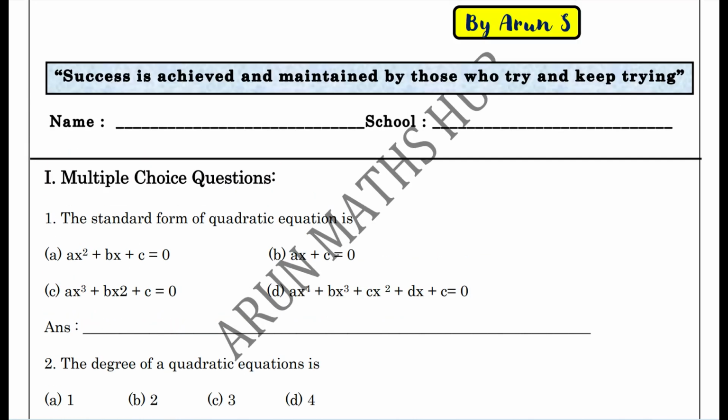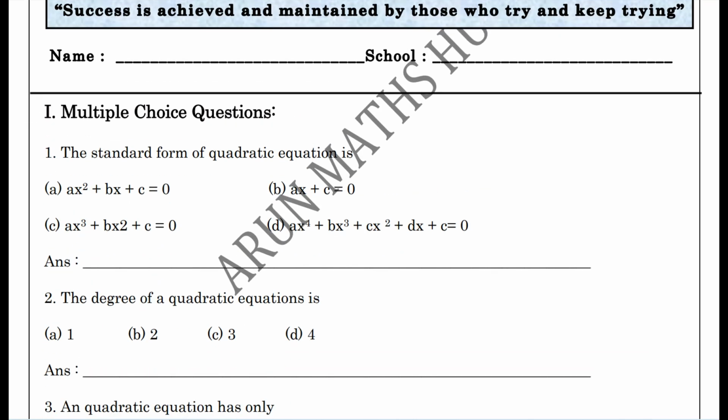Dear students, before solving multiple choice questions from the unit quadratic equation, that is on the concept Introduction to Quadratic Equation, you should know the basic concept of what is a quadratic equation. A quadratic equation in variable x is an equation of the form ax square plus bx plus c equals 0.